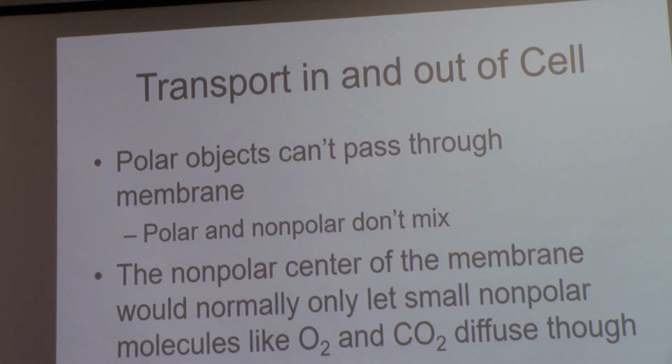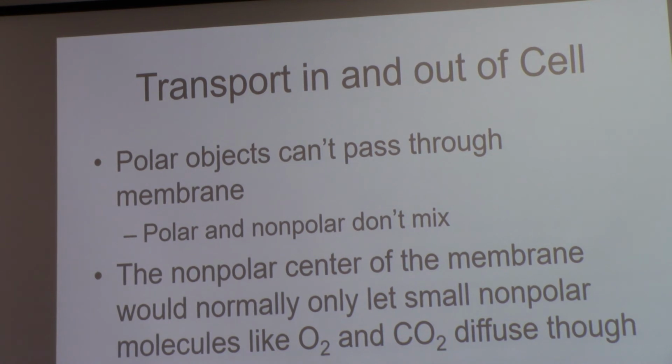Now, I'm sure you will cover this more in depth in AMP, but we'll cover them briefly here since we're talking about the cell membrane and its structure. So, how do things get in and out of the cell? First of all, polar things, which most things in living things are, we are mostly water.